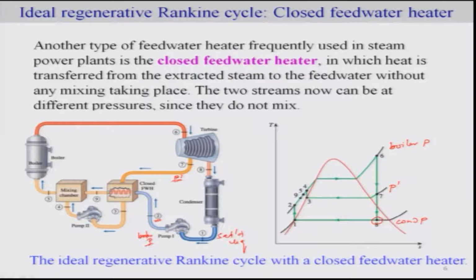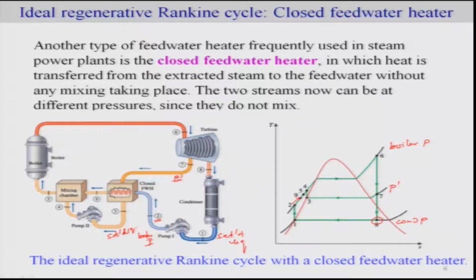Now, this stream 7 exchanges energy without mixing and undergoes condensation such that your 3 is at saturated liquid. Okay. That means 3 is here. While doing so, the stream 2 at this constant pressure goes to 9, that is, 9 is at a higher temperature, though at the same pressure.